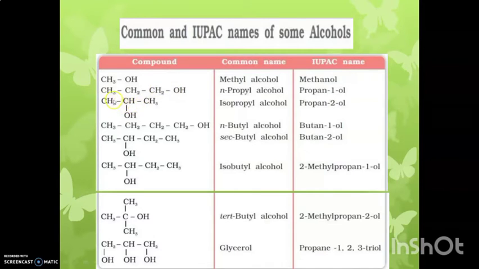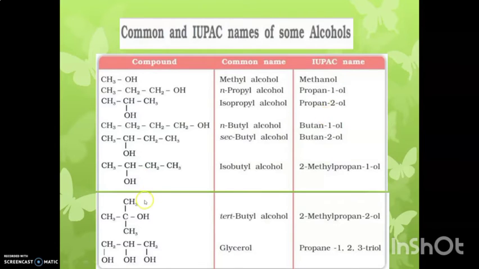Here you can see 1, 2, 3 carbon atoms, so it is propane. In the second position there is a hydroxyl group, so it is propan-2-ol. The last E of propane has to be removed and instead we add the ol. So the prefix is the alkane parent carbon chain and the number, then the suffix will be ol, for alcohols.